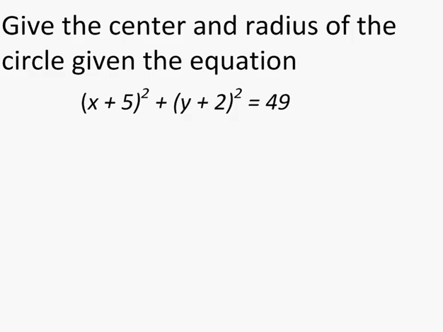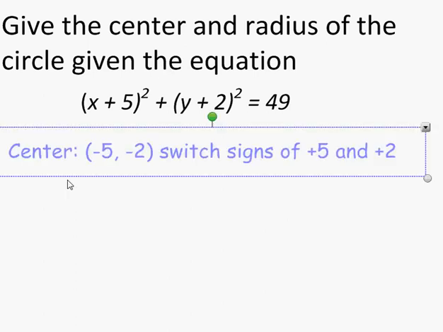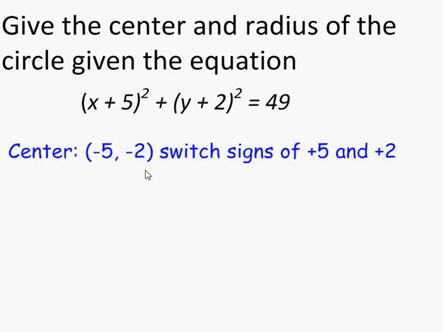Now it says, give the center and radius of the circle given the equation. So what do we know? We know that this is the result of someone plugging into the circle equation formula. And so we know that the signs of h and k got changed. So the center is going to be -5, -2. And then this 49 is the result of someone putting 7 into the formula.